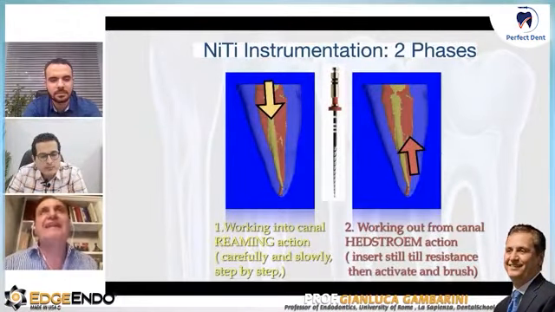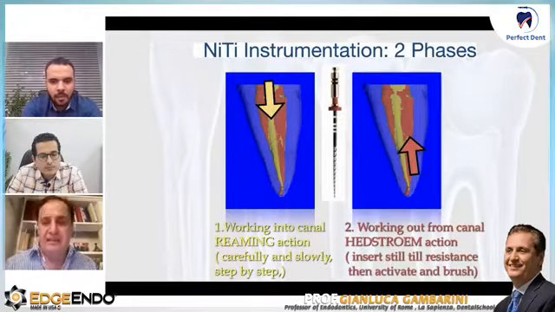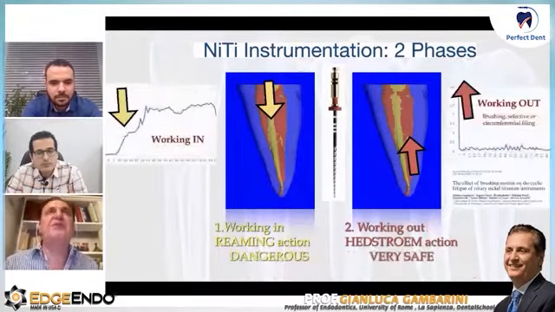We practically call it brushing, and it's so interesting because there is a huge difference between the two motions. When you work in, this is a very stressful instrumentation technique. When you're working out, when you're doing brushing or selective or circumferential flaring, you are actually not damaging or stressing the instrument at all.